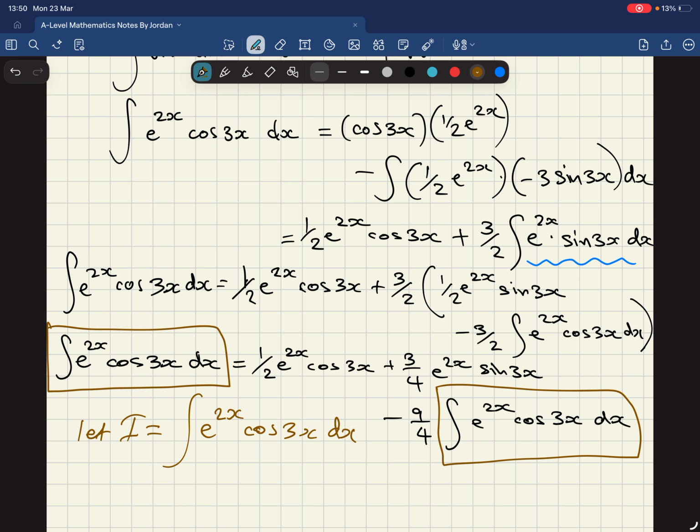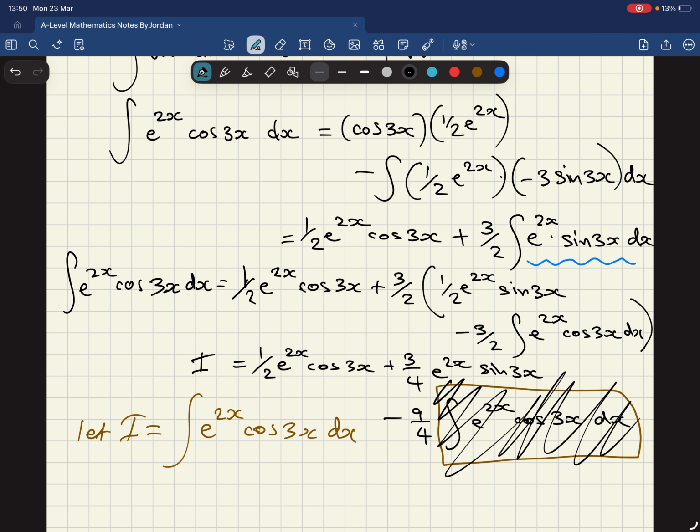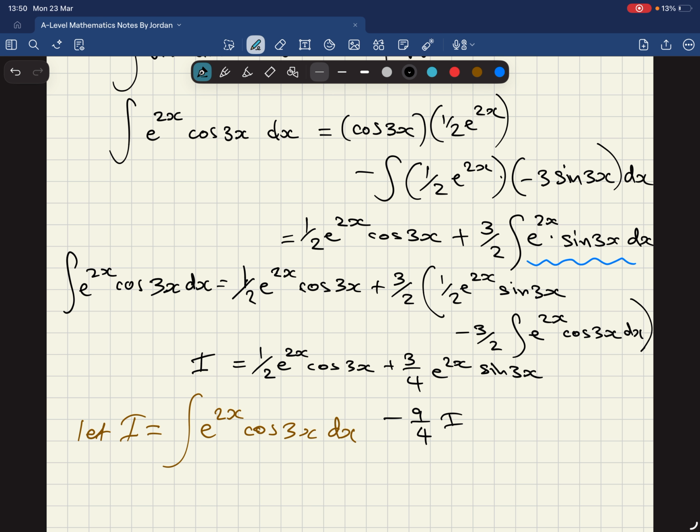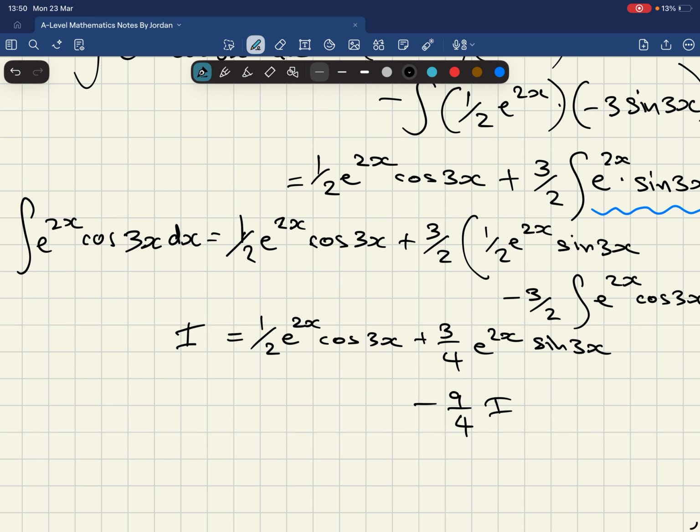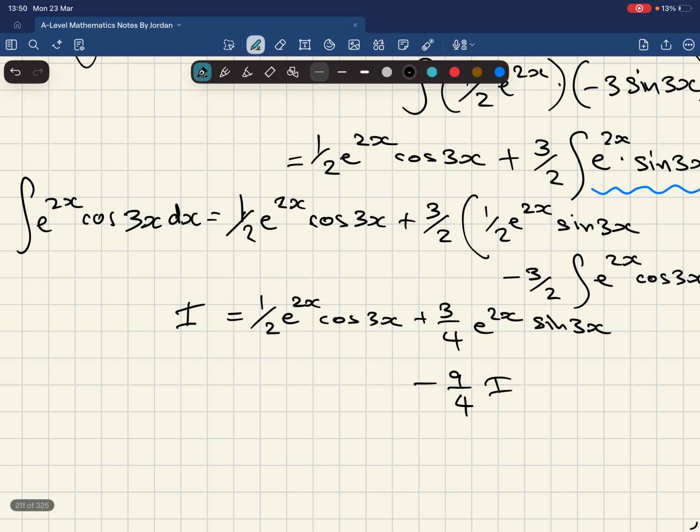Basically like that. Which will allow me to get rid of that and just call it I. And to also get rid of this one and just call that I. Great. And then I can rearrange for I.